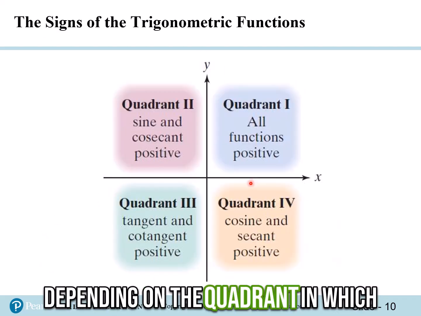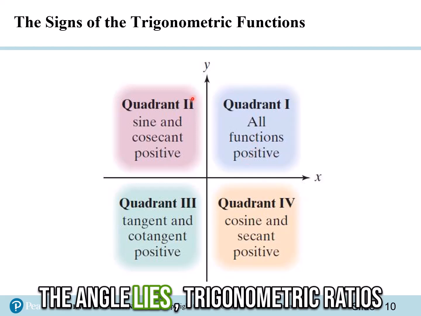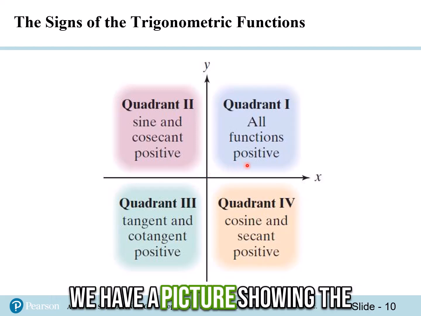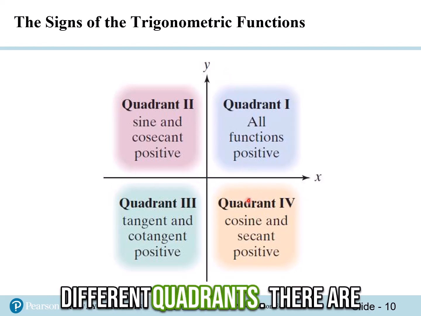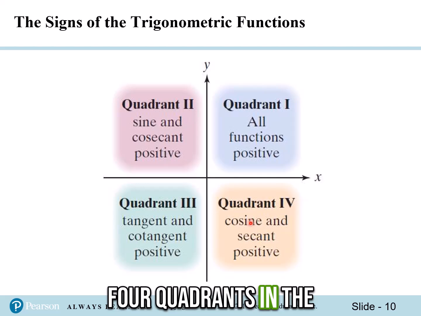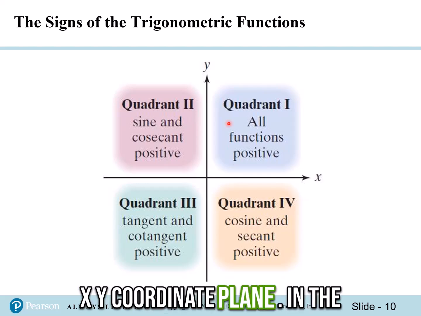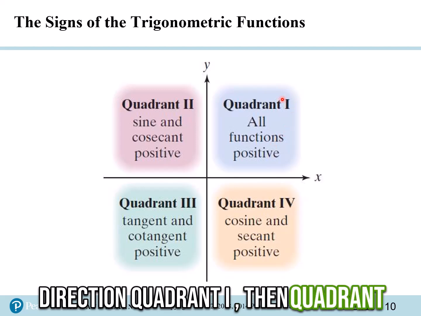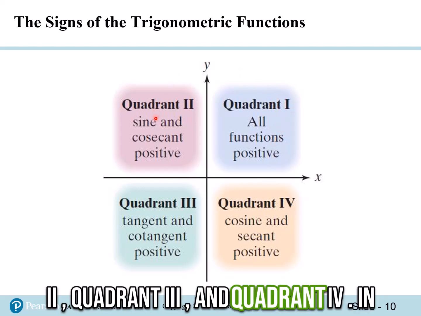Depending on the quadrant in which the angle lies, trigonometric ratios may be positive or negative. Here we have a picture showing the different quadrants. There are 4 quadrants in the XY coordinate plane. In the anti-clockwise direction, quadrant 1, then quadrant 2, quadrant 3, and quadrant 4.